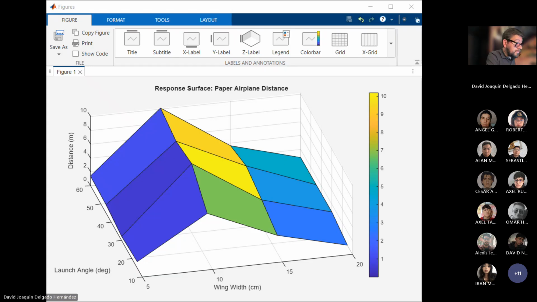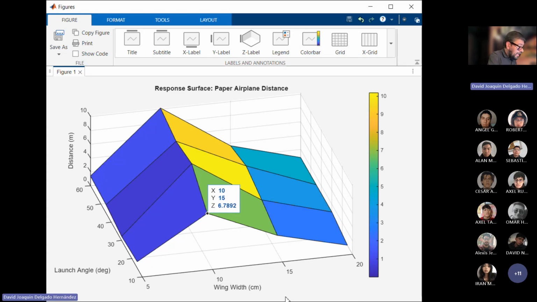Okay, and I am going to copy this figure, and I am going to put it in the Word file. Okay. Look, when I have more combinations, I can predict better the result of the experiment.